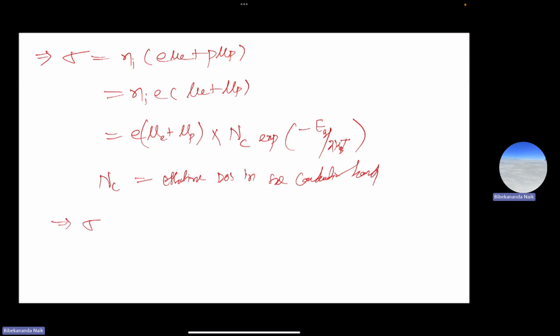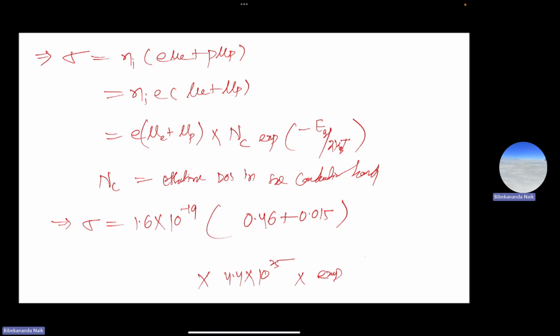So if you put those values, 1.6 into 10 to the power minus 19, then 0.46 plus 0.015 into Nc, which is also given, 4.4 into 10 to the power 25, then exponential. The band gap is again given, it is 1.29 electron volt.